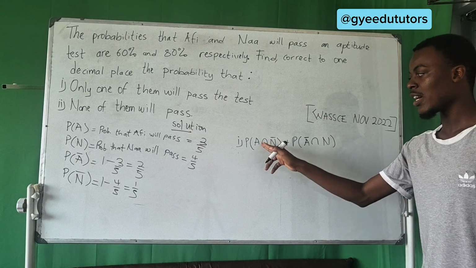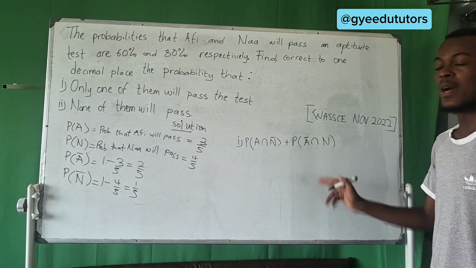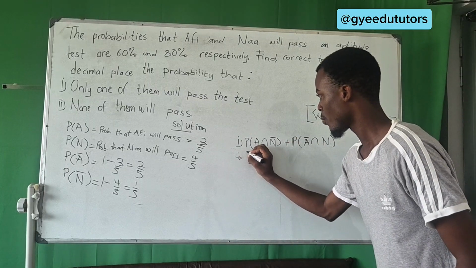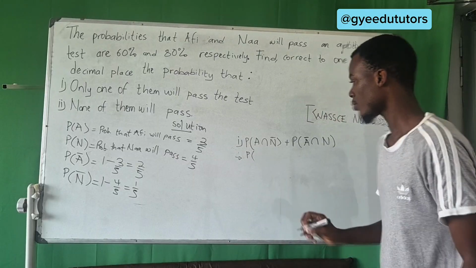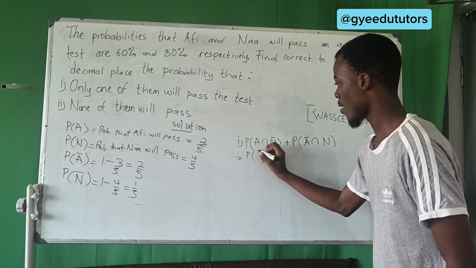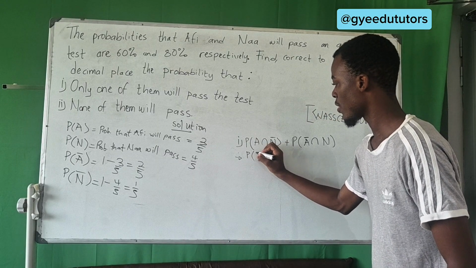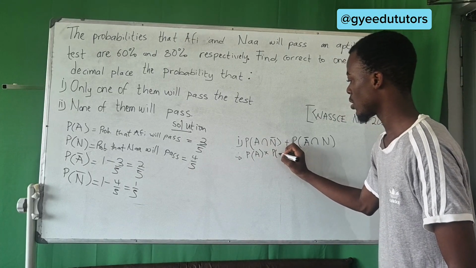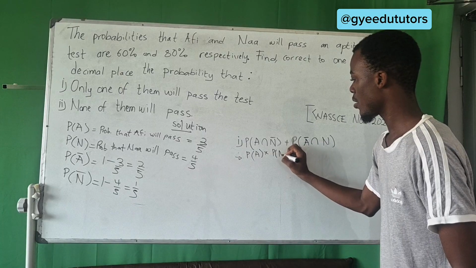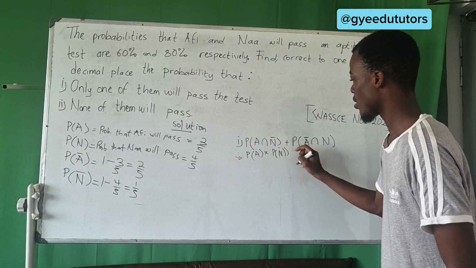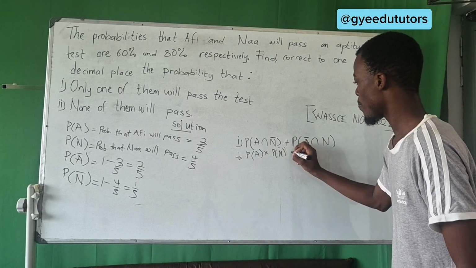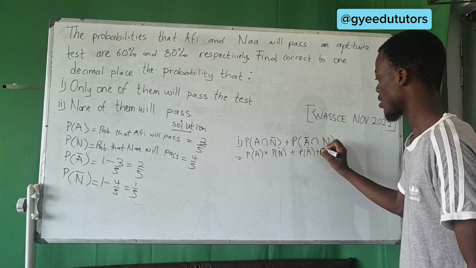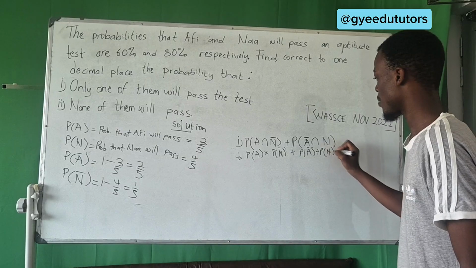So it's either Afi passed the test or Nana passes the test. So this is the same as the probability of A times the probability of N complement, plus the probability of A complement times the probability of N.